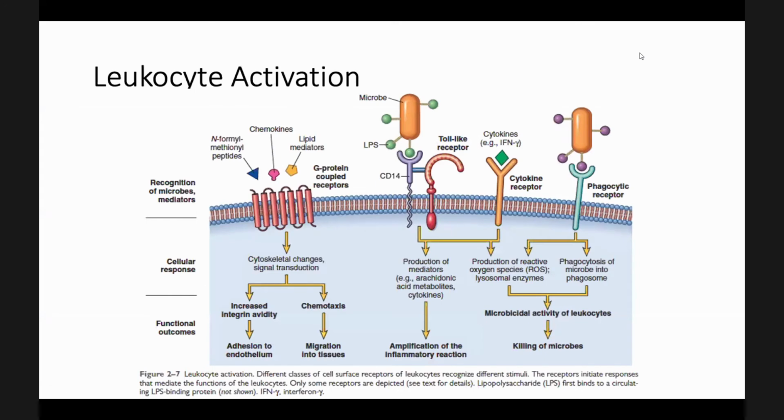So leukocyte activation, as we said earlier: microbes with these cell walls will activate transmembrane proteins like toll-like receptors. And there will be phagocytosis of the cells, which will go inside, and there will be microbicidal killing with the help of these leukocytes. Basically, they want to kill the living microorganisms, the bacteria and all that.